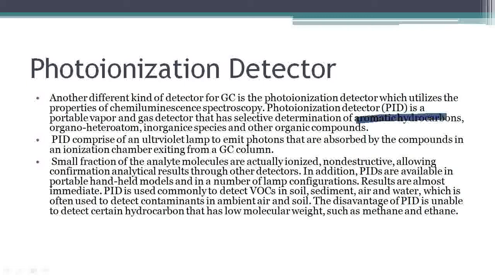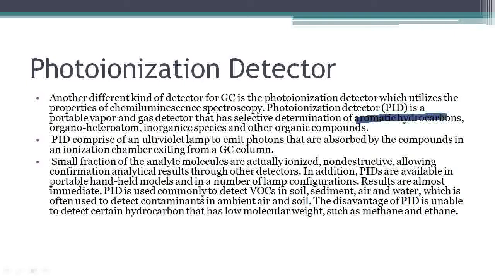This detects aromatic hydrocarbons or heteroatoms, inorganic species, and other organic compounds. PID comprises an ultraviolet lamp to emit photons that are absorbed by compounds, and an ionization chamber exiting from a GC column. Small fractions of analyte molecules are ionized, non-destructive, allowing confirmation of analytical result through other devices.